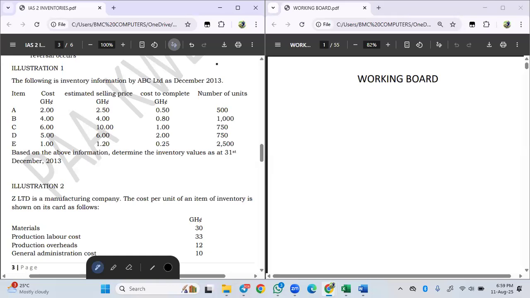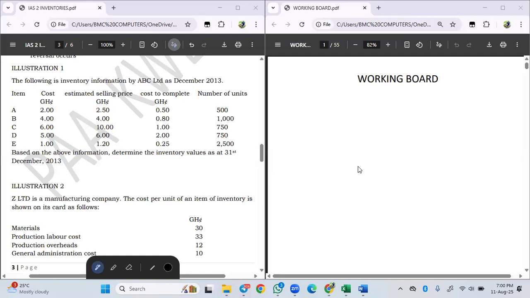So please, someone should read the first illustration, illustration one. Illustration 1. The following is inventory information by ABC Limited as at December 2013.